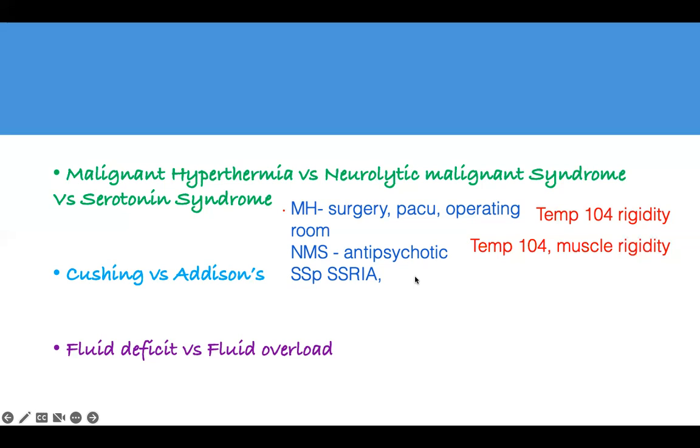They go into serotonin syndrome when they combine other serotonin drugs, like MAOIs, or take St. John's Wort, sorry, and therefore they develop excessive serotonin. And this is what happens. Well, guess what? They have high temperature, 104, and muscle rigidity at the same time. So how would you know which one is this? It's the scenario. And that is what you have to start paying attention to.